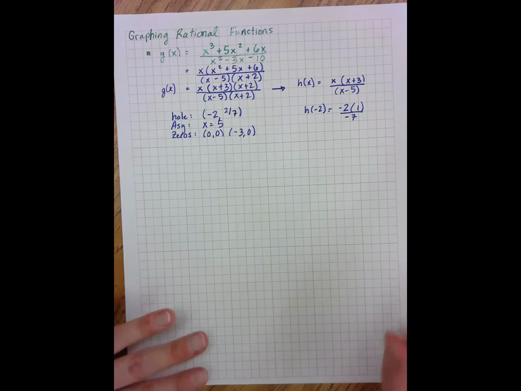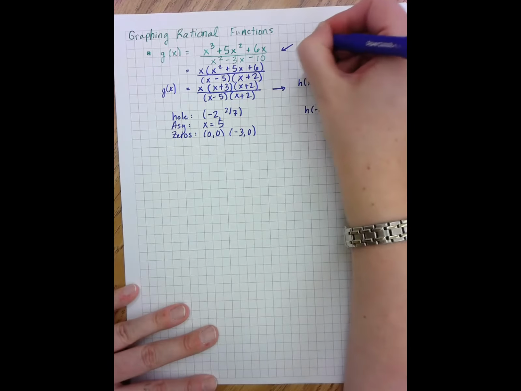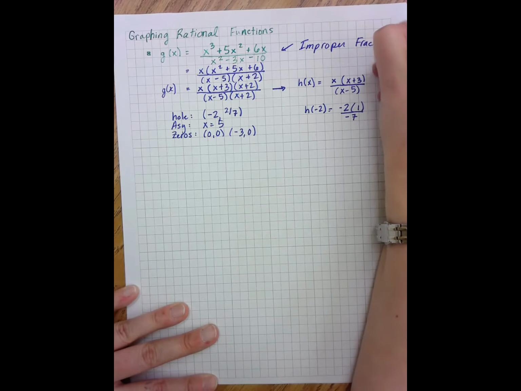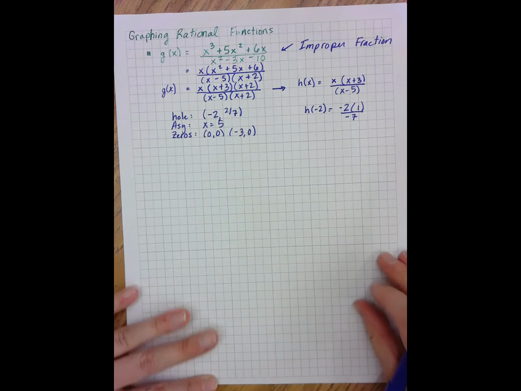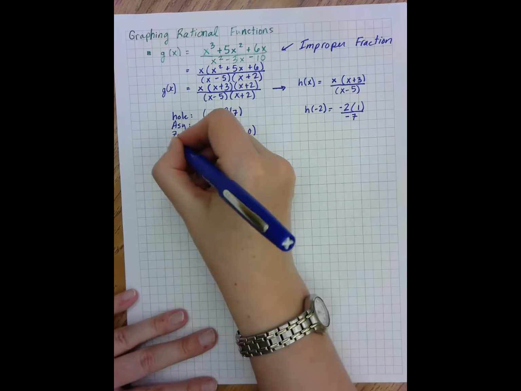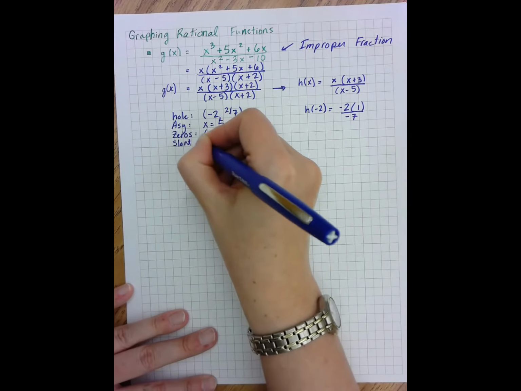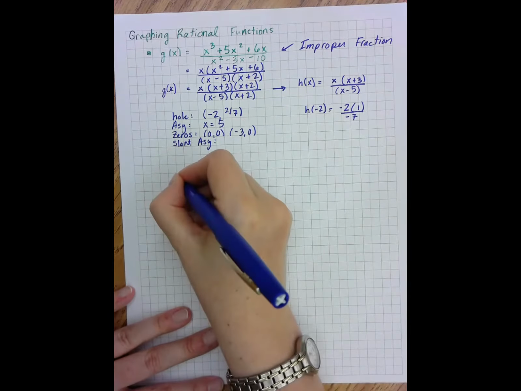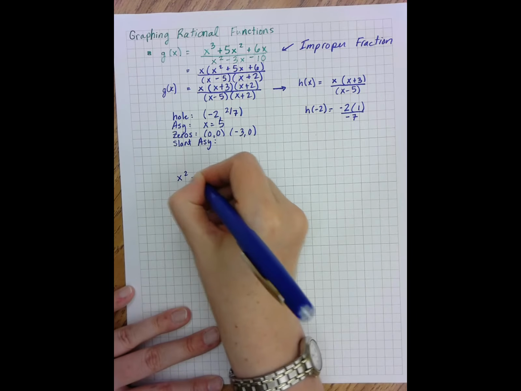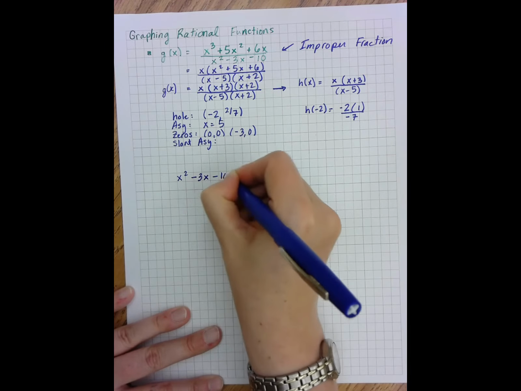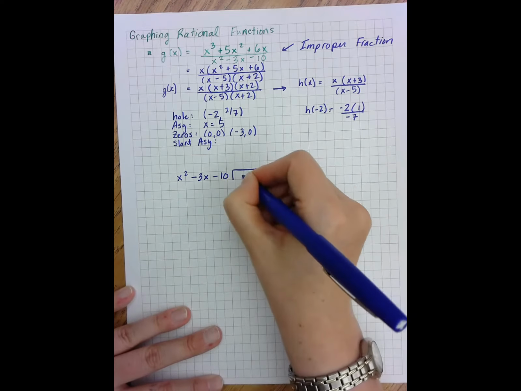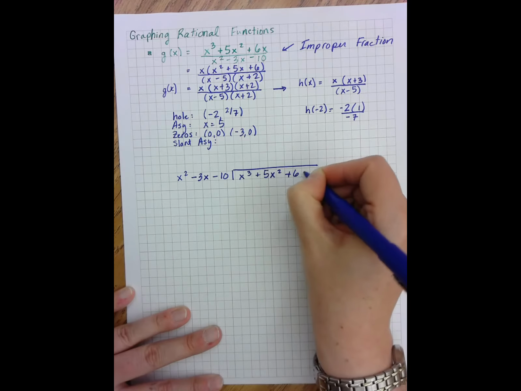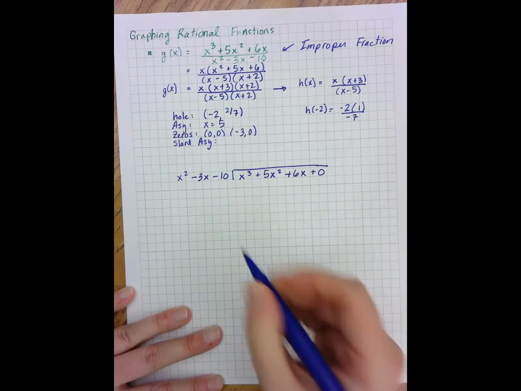My next step is to notice that this original fraction is an improper fraction, which means that I'm going to have a slant asymptote. And so in order to get that slant asymptote, I'm going to have to do my long division. So x squared minus 3x minus 10 divided into x cubed plus 5x squared plus 6x plus 0.